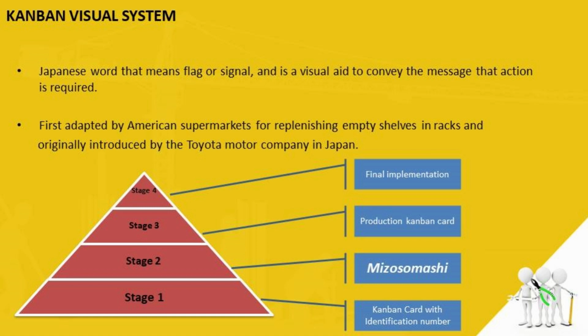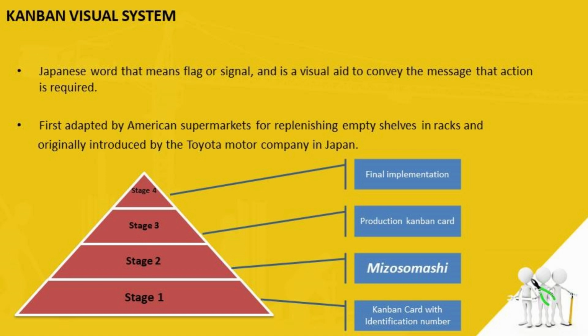The Kanban system has 4 basic stages. Let's understand them one by one. In stage 1, when a worker needs components, he goes to the rack placed opposite his workstation. These racks contain bins of components required by a workstation, which from the work in process, or work in progress, is necessary.